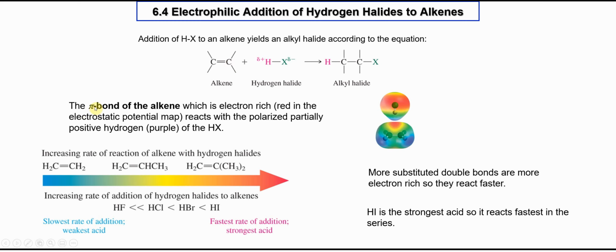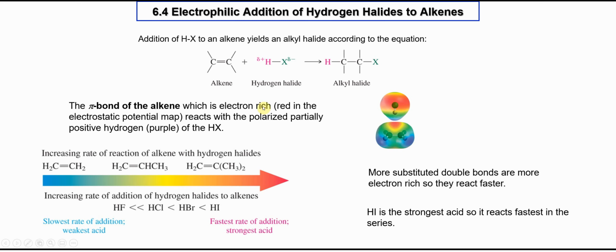The pi bond of your alkene has a higher electron density, meaning the carbon-carbon double bond is electron rich. So that double-bonded part will be your reactive site.